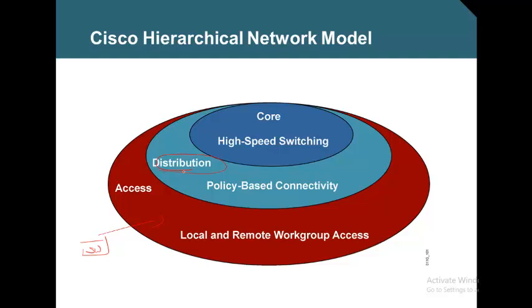Only when you try to communicate from one VLAN to another VLAN, the traffic will go to the distribution layer. That is why we call it distribution. It distributes the traffic from one network to another, from one VLAN to another. Distribution layer.